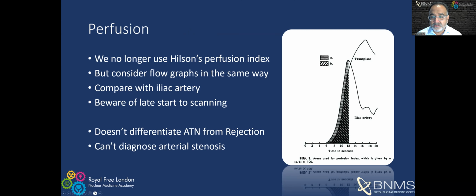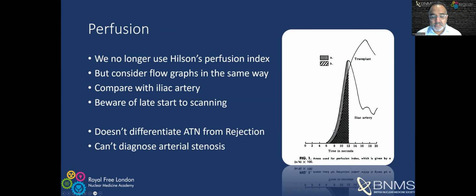These two curves should be very closely aligned and should overlap. But you need to be aware that if the scan has been started late and you've missed the initial flow images, you're not going to be able to interpret the perfusion.